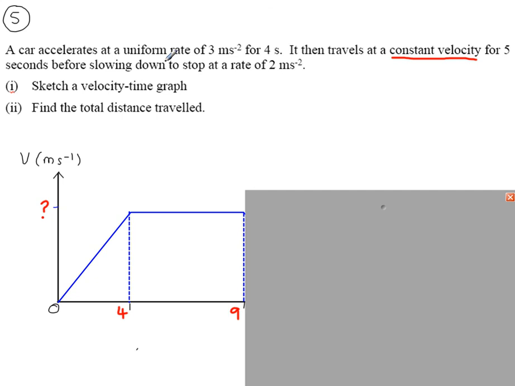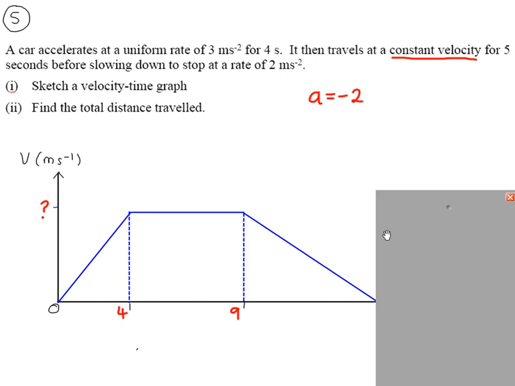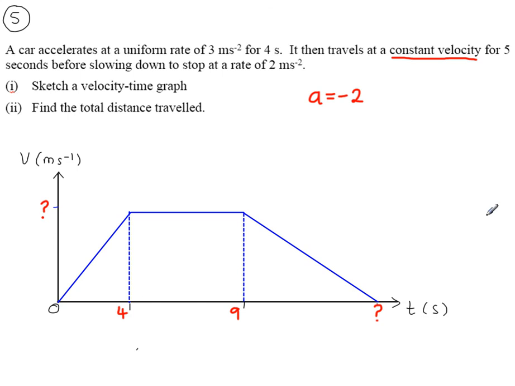Before slowing down, so that would be a deceleration of 2 meters per second squared, which means the acceleration there would be minus 2 meters per second squared. There's some unknown value of time here, and we can calculate the velocity here and the time value here to complete our velocity time graph.